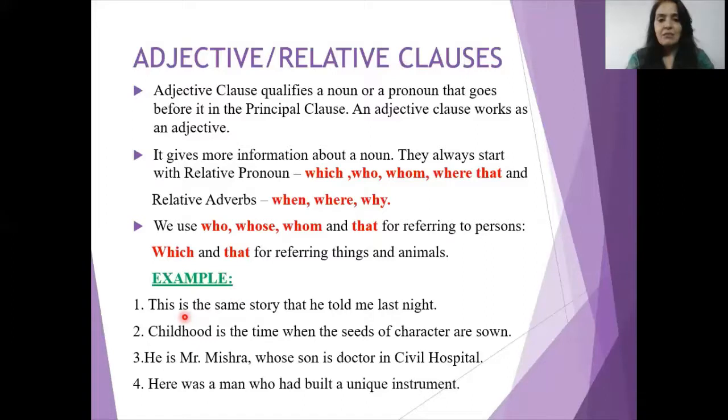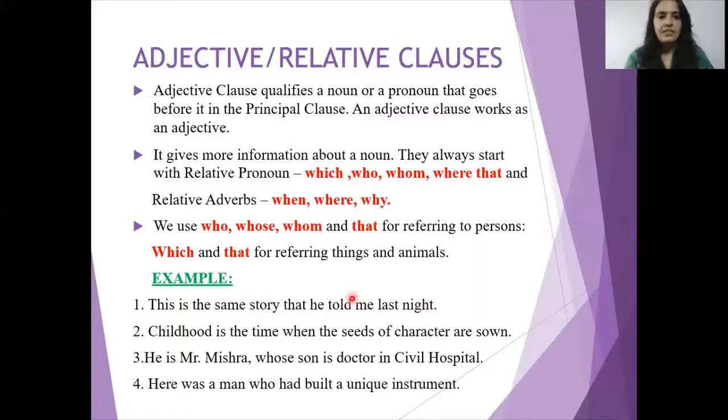This is the same story that he told me last night. What is the noun here? Story. This is the same story that he told me last night. How is it qualifying it? It tells about the story: the same story has been told last night also. We are discussing here about this story.